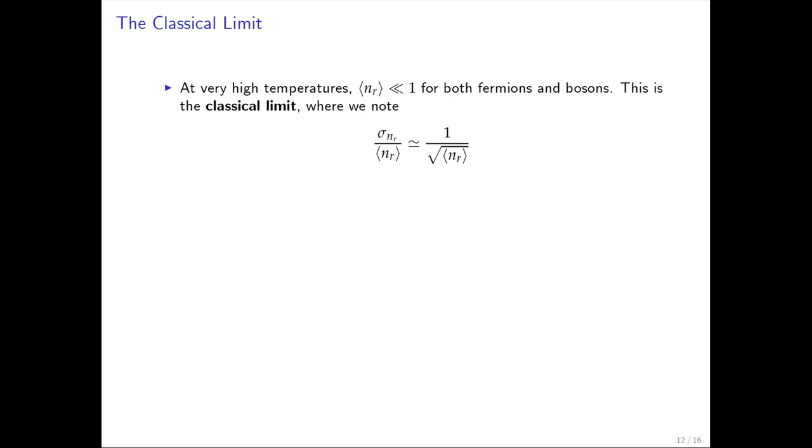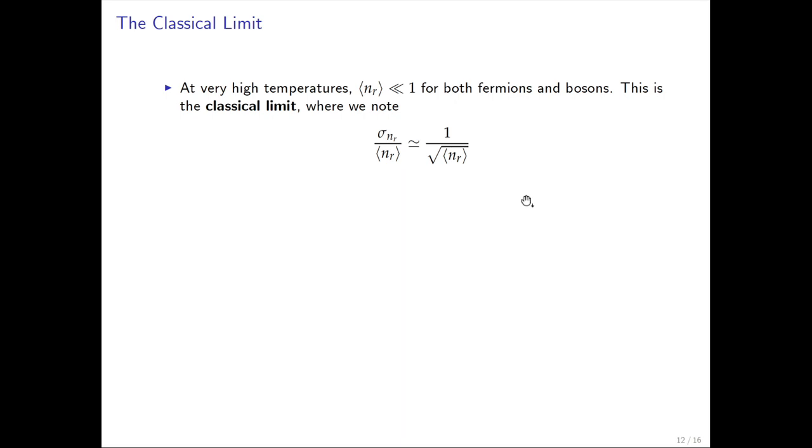So at very high temperatures, as you can see from the mean occupation number, or the distribution functions, as they're called, the mean occupation number is much, much less than 1 at high temperatures for both fermions and bosons. And this is then the classical limit.